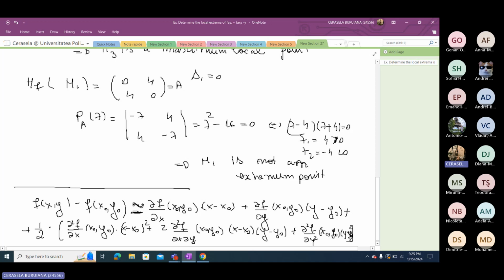Okay, so what's it all about? Now, I repeat, let's say we are in the situation that x0, y0 is a stationary point, and unfortunately, neither the method with the determinants, nor the one with the eigenvalues works. As I said, the idea is to use a Taylor polynomial.